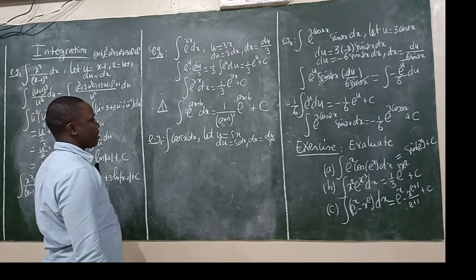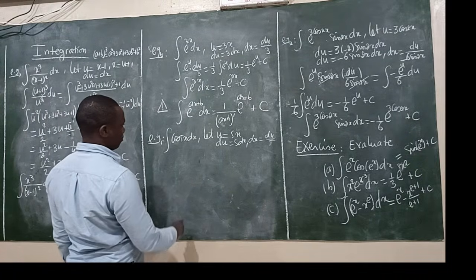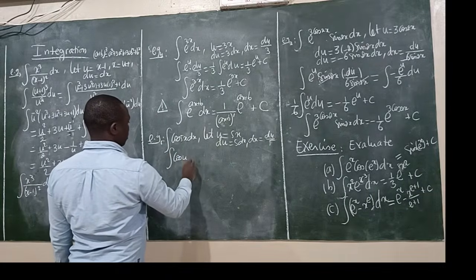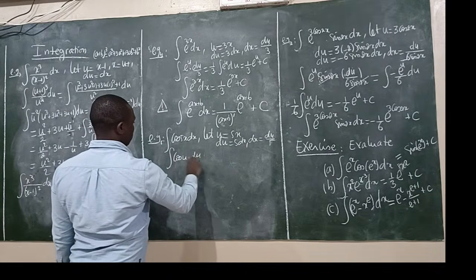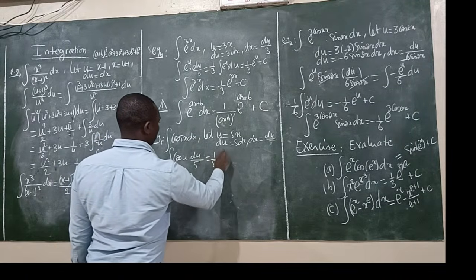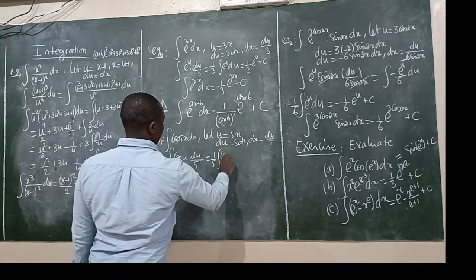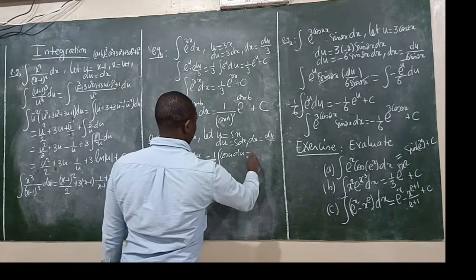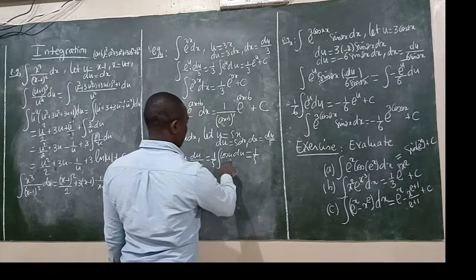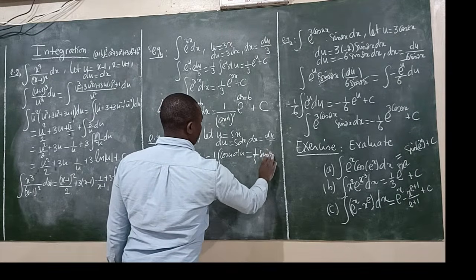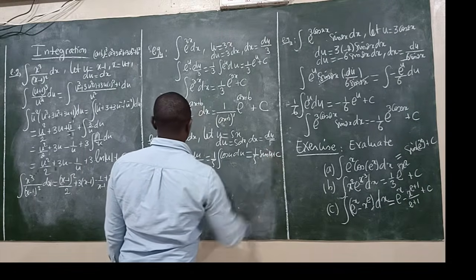Okay? Now, we have the integral of cosine of u times du over 5. This is 1 over 5 times the integral of cosine u du. So, this is 1 over 5 times the integral of cosine, that is sine u plus c.